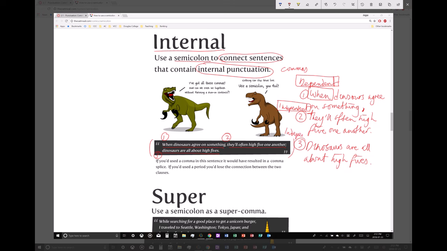And there's more. The writer wants to say that dinosaurs love to give high fives. They're all about the high fives. So, because you have clauses 1 and 2 as the first complete sentence, but you want to connect it with clause 3, you would use a semicolon to separate the first big chunk of the sentence, which has 2 clauses, from the third clause, "dinosaurs are all about high fives."